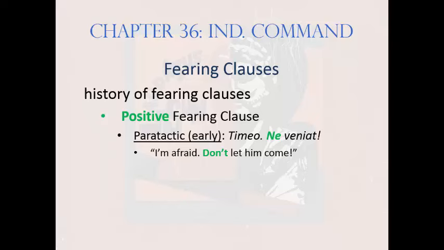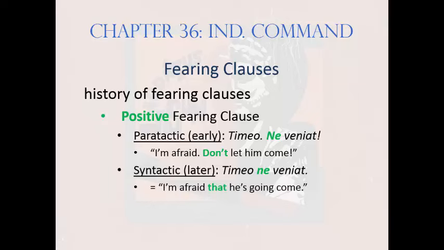That is, my fear is that he's going to come and do whatever terrible things I'm afraid he'll do. But as Latin developed, it combined the two constructions and began expressing them syntactically. Timeo ne veniat, which still meant the same thing, I'm afraid that he's going to come, but this left ne, meaning somewhat illogically, "that," not "that not."